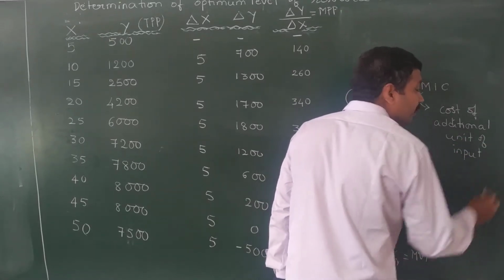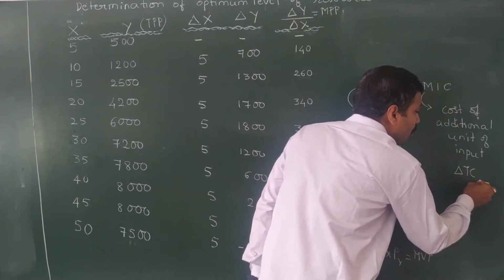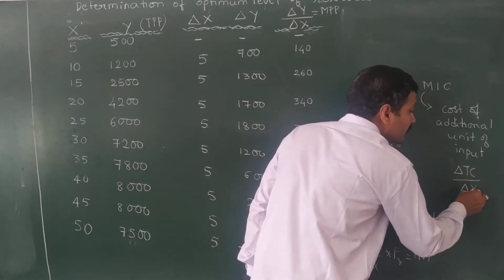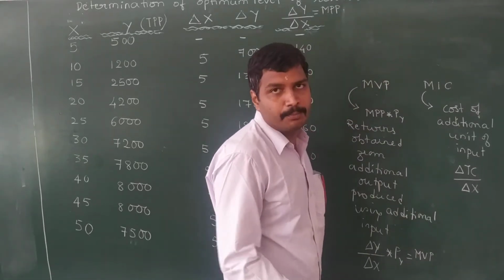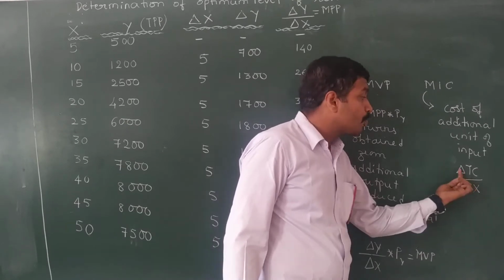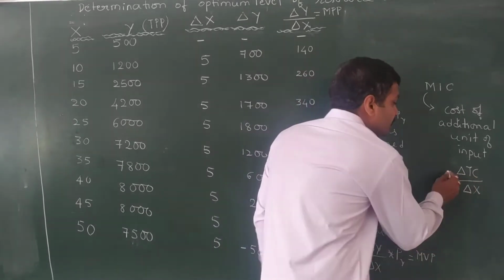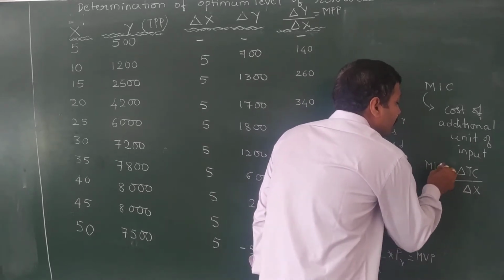Then how will it be determined? It is nothing but the change in the total cost due to change in the usage of input. That means, if you use an additional unit of input, to what extent the cost is going to change. This is nothing but marginal input cost.